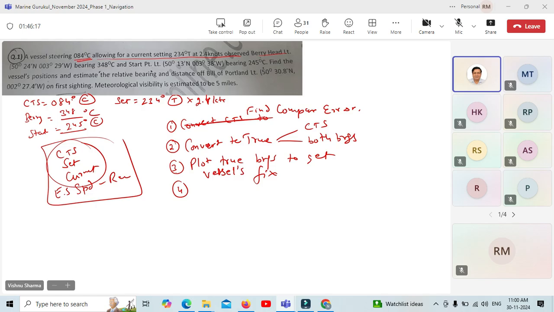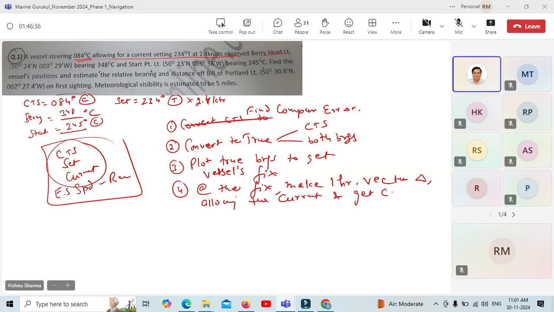Now he's not given us the time. Don't worry. At the fix, make a vector triangle allowing for the current and get CMG and SMG. Yes or no?